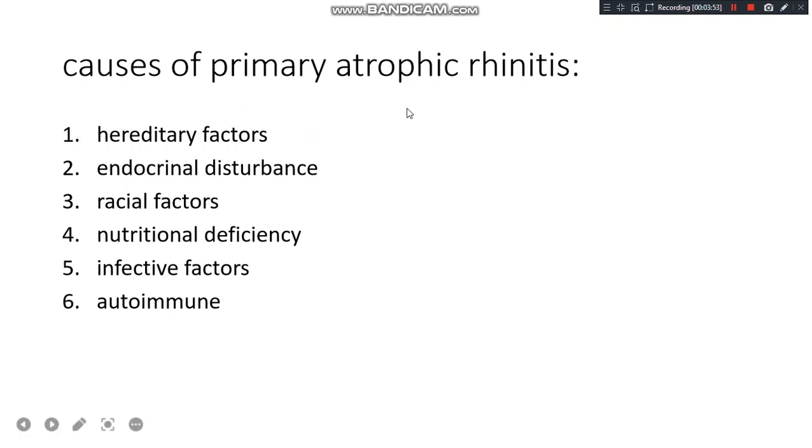Come to the causes of primary atrophic rhinitis. So it can include the hereditary factor or endocrinal disturbances. Here I can give you an example that mostly females get this condition. Number one, and number two, at a very early age when they are very near to puberty, and this condition can improve itself when that female undergoes menopause.